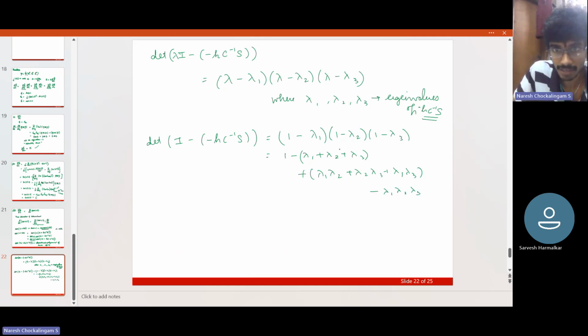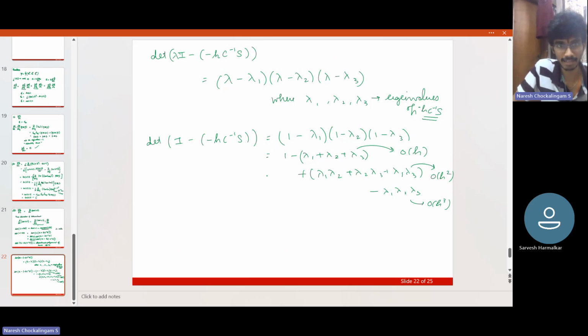Now, if you look at the terms, the sum of the eigenvalues is like the sum of the entries of this matrix. Therefore, it is linear in h. This one will be of the order of h square, and this will be of the order of h cube.